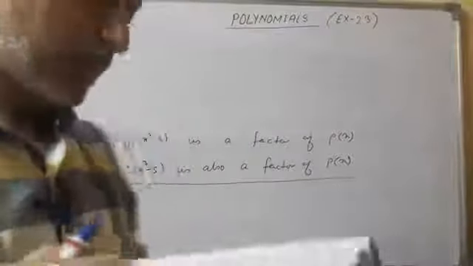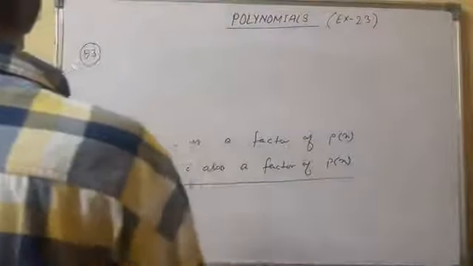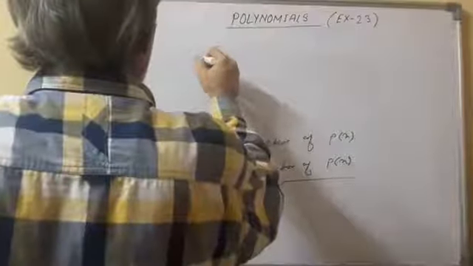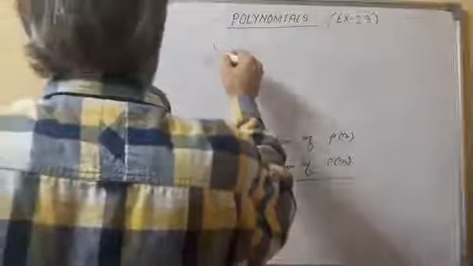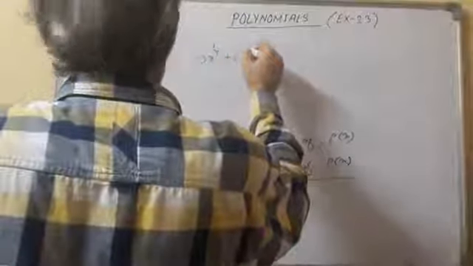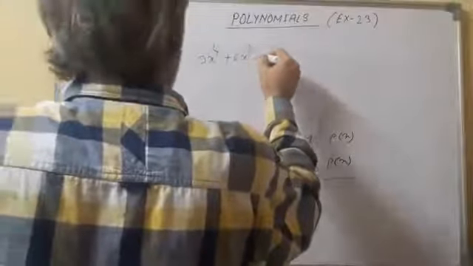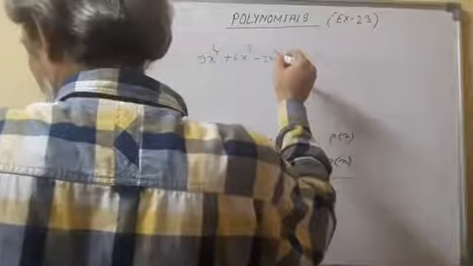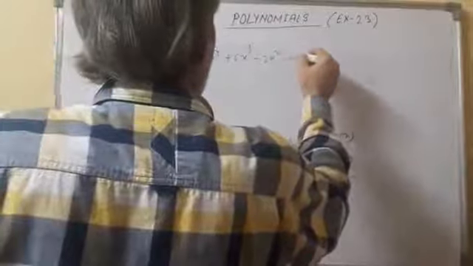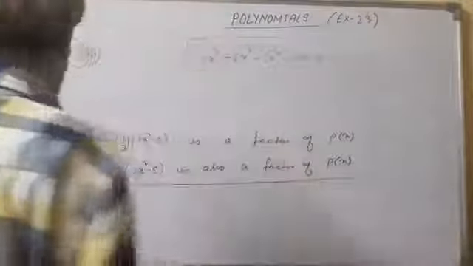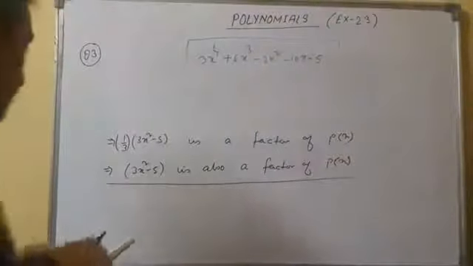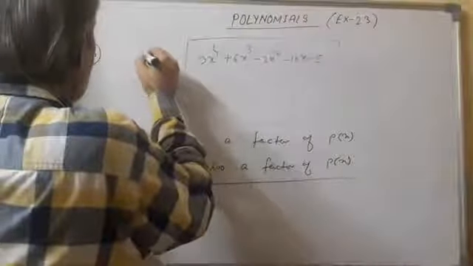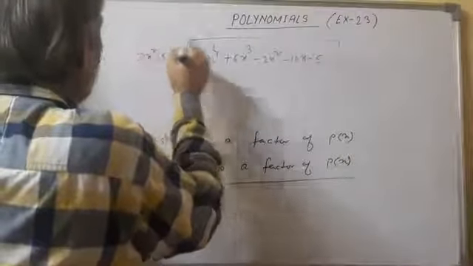What is the given polynomial? 3x^4 plus 6x cube minus 2x square minus 10x minus 5. So we are going to divide this by this, 3x square minus 5.